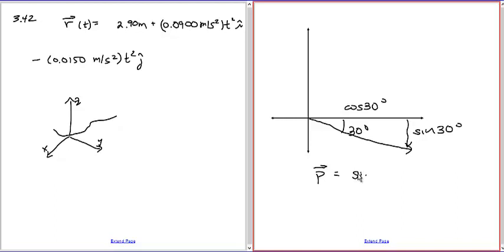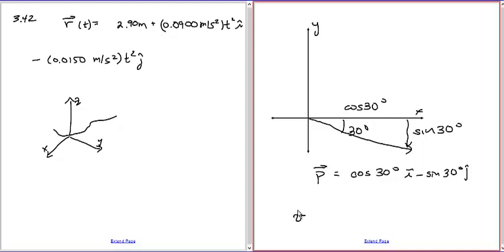So this is the cosine of 30 degrees i plus, minus, because it's going down, minus the sine of 30 degrees j. And we need the velocity vector to be going in the same direction as this vector, which is 30 degrees from the positive x-axis in the clockwise direction.